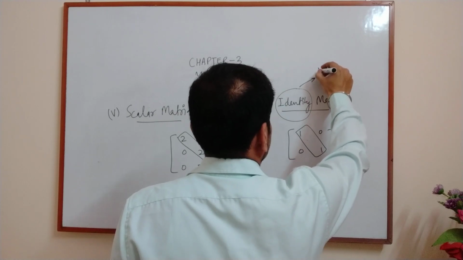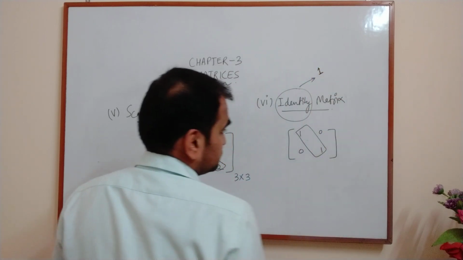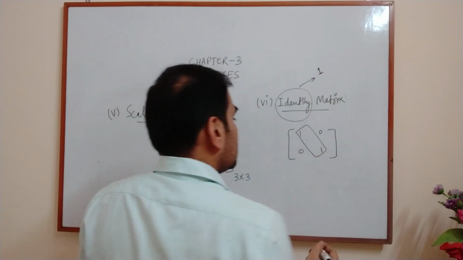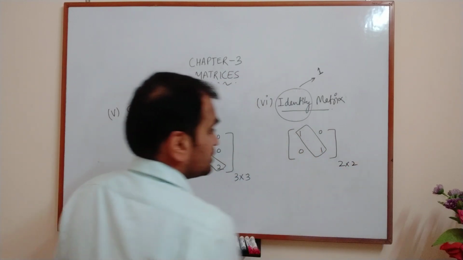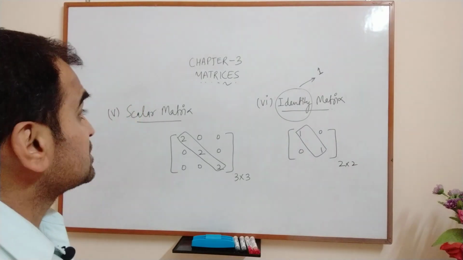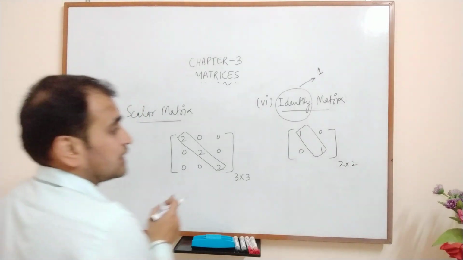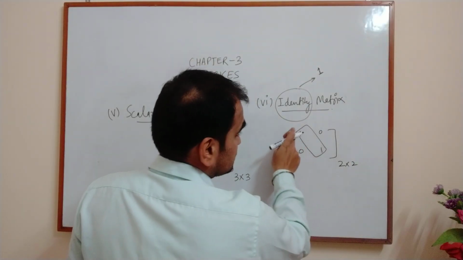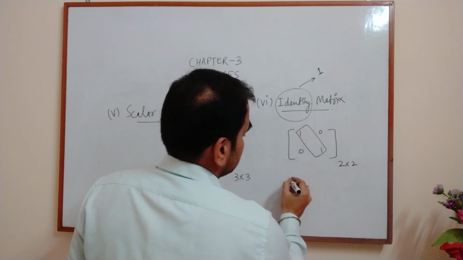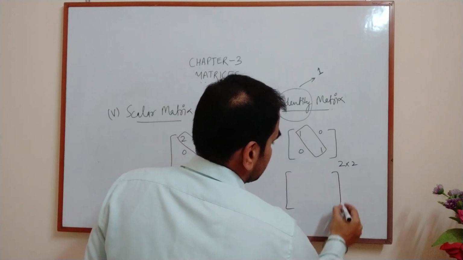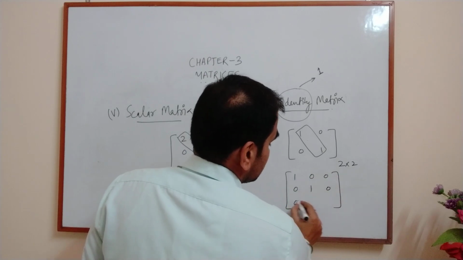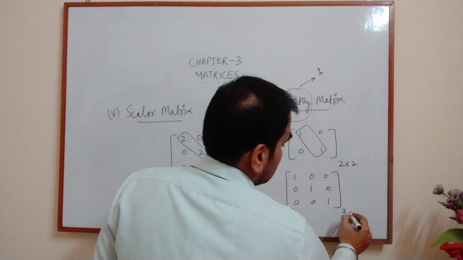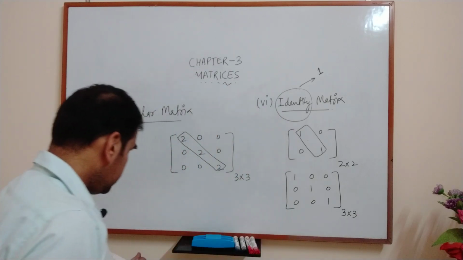So all the diagonal elements must be 1. So it is also a square matrix, it must be a diagonal matrix, it must be a scalar matrix, and all the diagonal elements must be 1. Fine. So next we have a 3 cross 3 matrix: 1 0 0, 0 1 0, 0 0 1. So this is also an identity matrix.